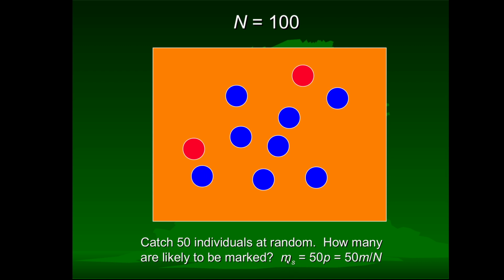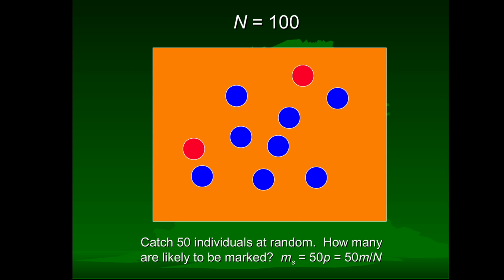What do we expect this number to be? Well, if we sample at random, then we expect that a proportion P in our sample should be marked. That's the probability that any individual is marked. So in a random sample, a proportion P should be marked.